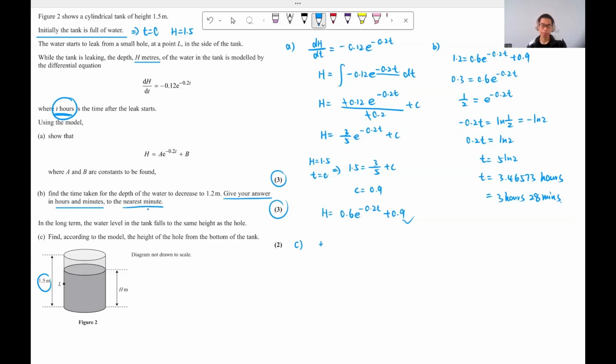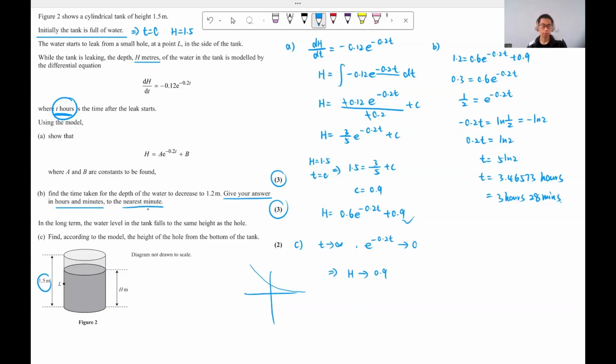If we let t go to infinity, that means e to the power of negative 0.2 t will go to 0, because as t gets bigger, it gets smaller and smaller, eventually turning to 0. So h should turn into 0.6 times 0, which is 0, plus 0.9, which is just 0.9.